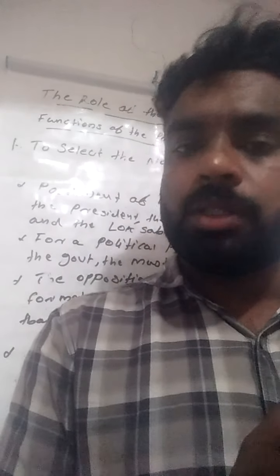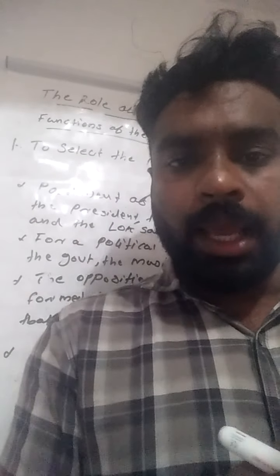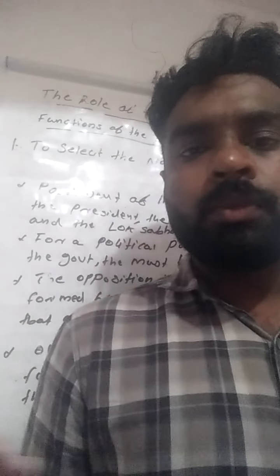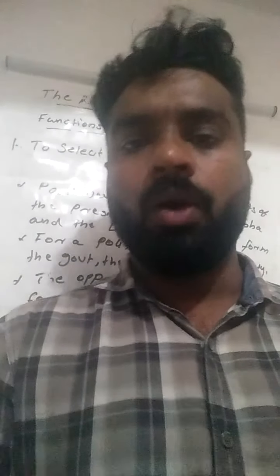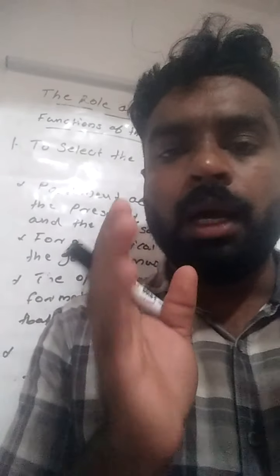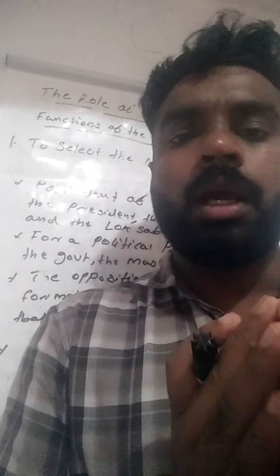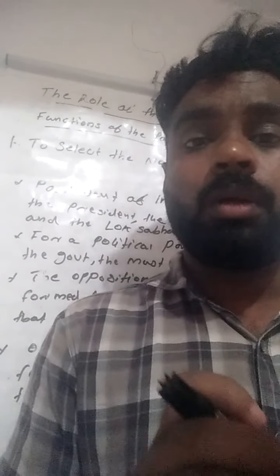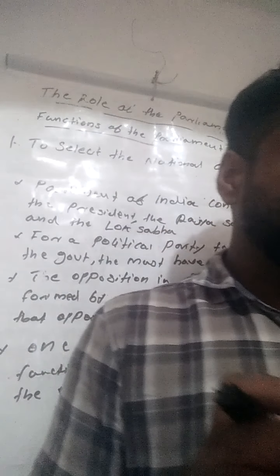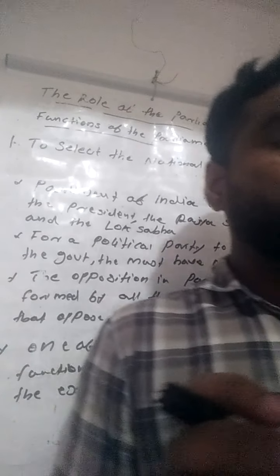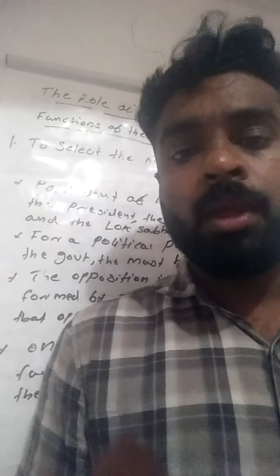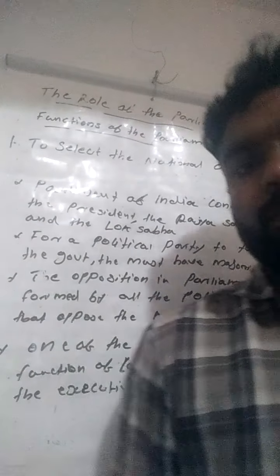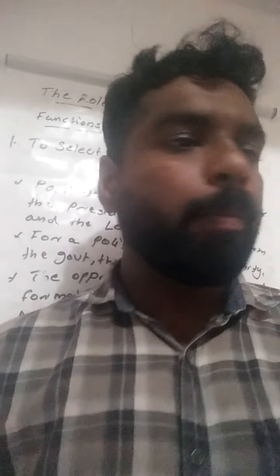Legislative power means a law-making body. They are the head of the executives. So the main function of the Lok Sabha is to select the national government, sorry, to select the executive. Okay, so these are the main functions.